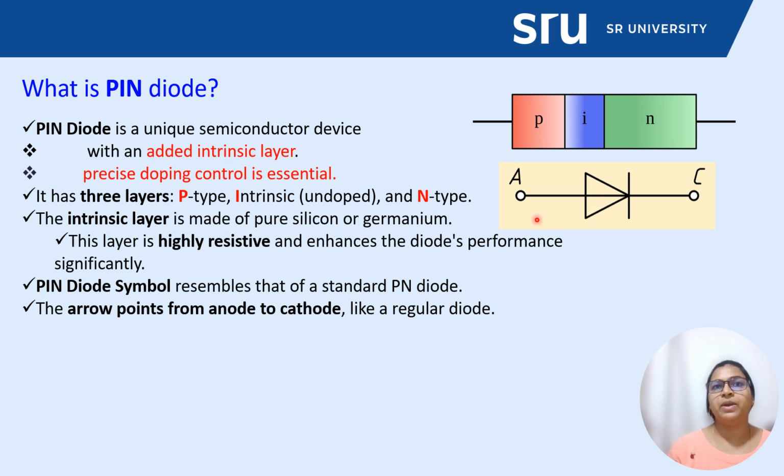So the symbol of a PIN diode includes a subtle distinction to reflect its unique structure. In standard diodes, this arrow point is not available, but here there is a bar for the normal PN junction diode, and this actually signifies the presence of the intrinsic layer.